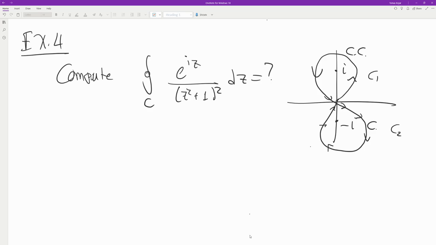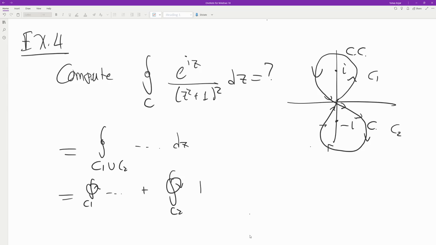All right. Okay, so now, first step is you have to split this, right? So C1 union C2. And so C1 and C2.